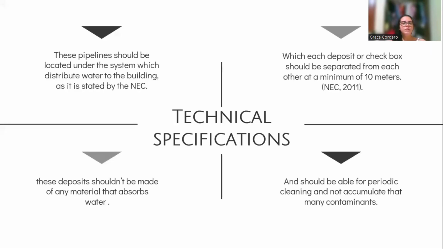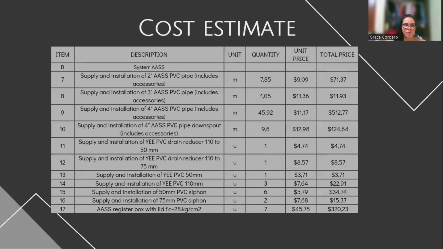For technical specifications, this pipeline should be located under the systems which distribute water to the building, and each deposit or chamber box should be separated from each other a minimum of 10 meters. This deposit shouldn't be made of any material that absorbs water and should be able to be periodically cleaned and not accumulate many contaminants.